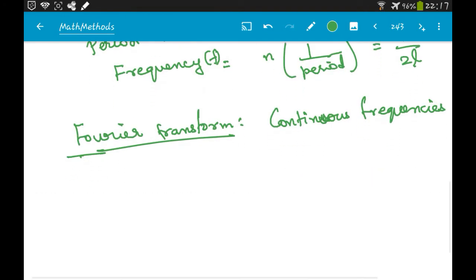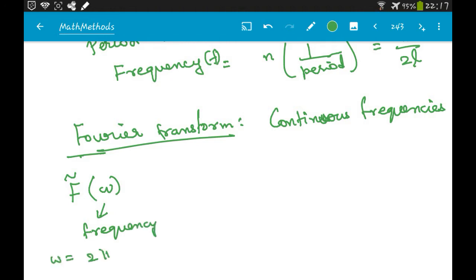So, what is the Fourier transform? Let's write down the formula. f is represented by capital F of omega, where omega is your frequency, or rather omega is given by 2 pi f.